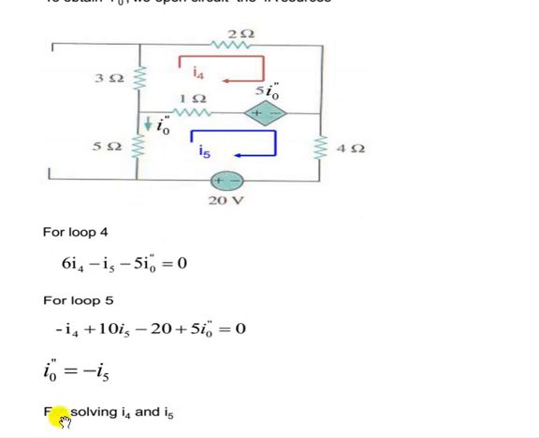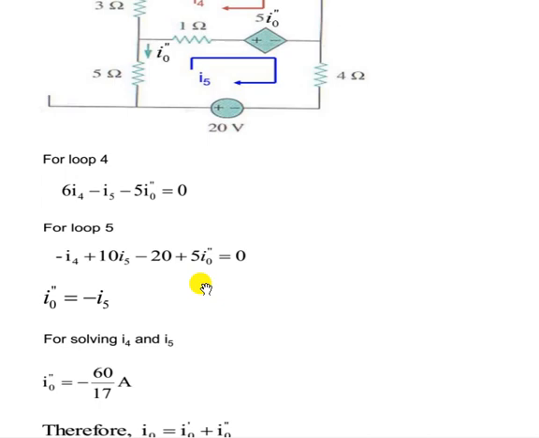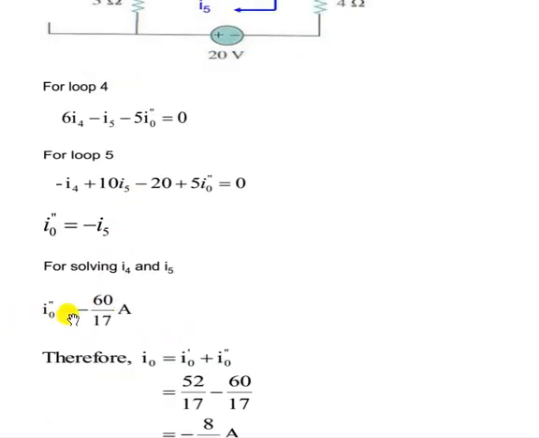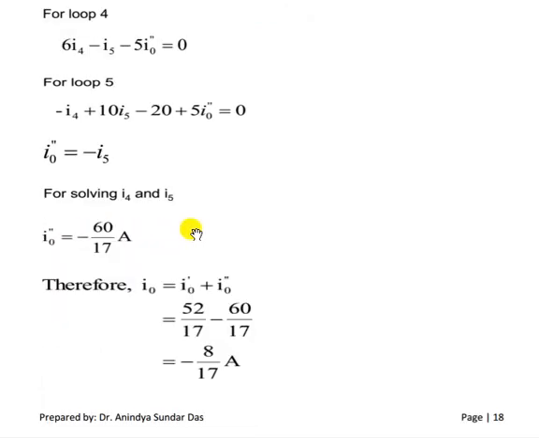So we have to put it here, and we can solve for I4 and I5, then we get the value of I0 double prime, which is nothing but minus of I5. So therefore I0 will be equal to I0 prime plus I0 double prime, and you get the result.